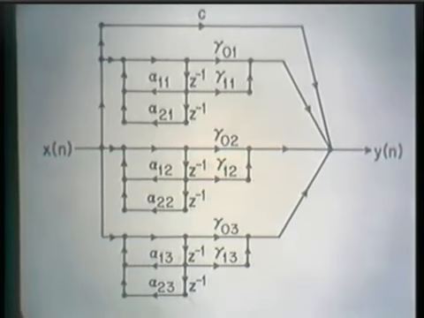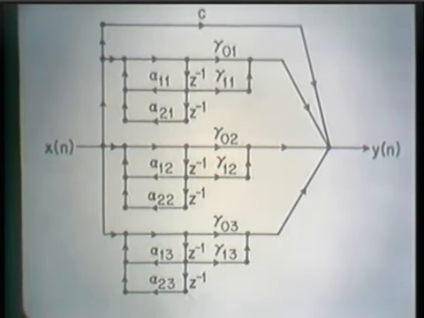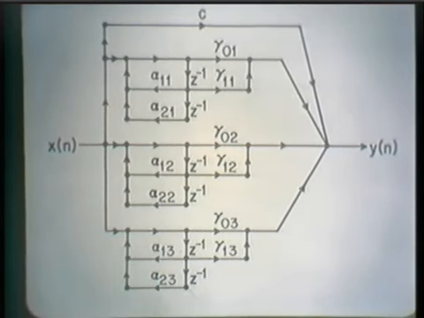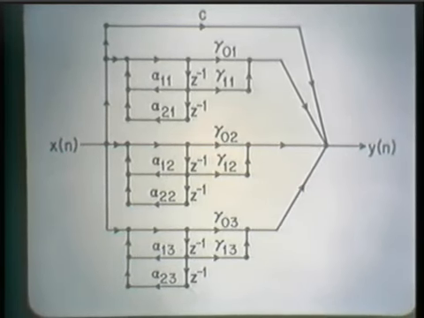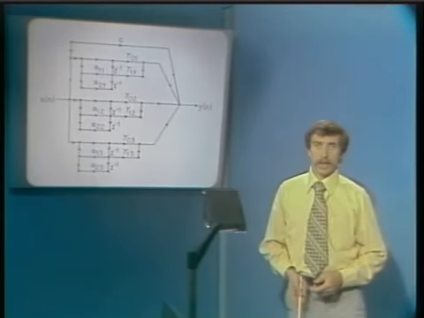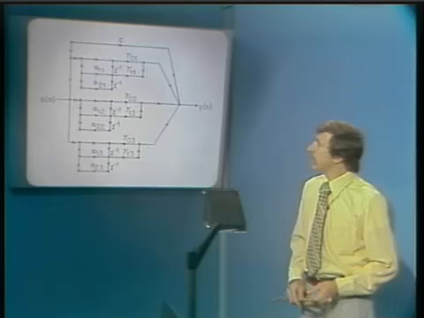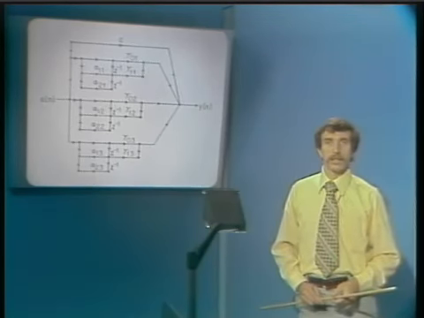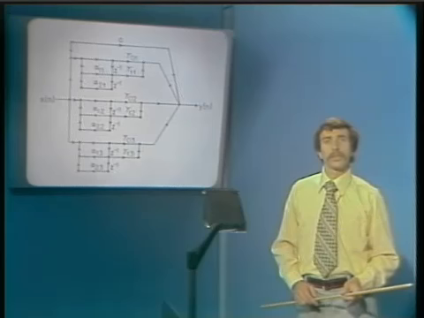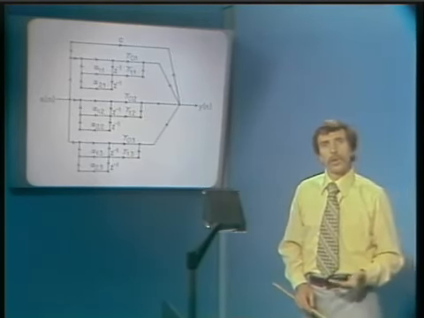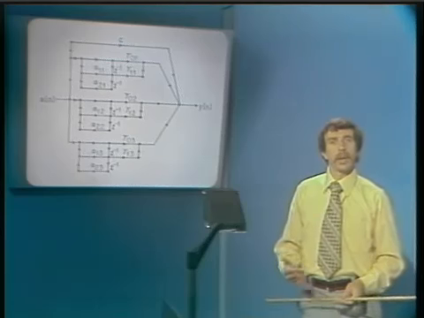Now, why might you want to use a parallel form implementation instead of a cascade form implementation? Well, there actually are several reasons. One of the most common, in fact, though, is that sometimes in applying filter design techniques, the filter design parameters are automatically generated in a parallel form.